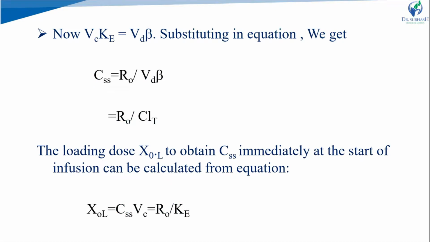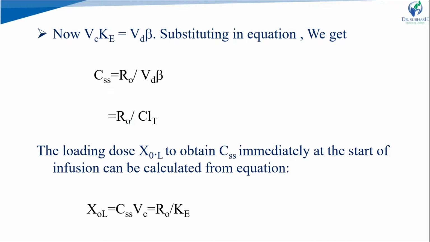Vc into Ke can be replaced by Vd into beta, where Vd is the volume of distribution and beta is the elimination rate constant. Volume into elimination rate constant is equal to clearance. So steady state CSS is equal to R0 upon clearance.